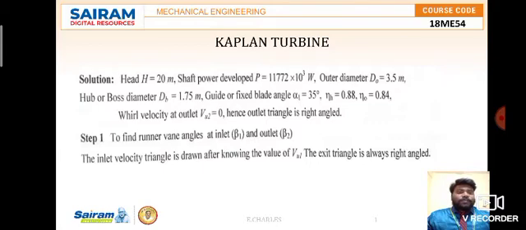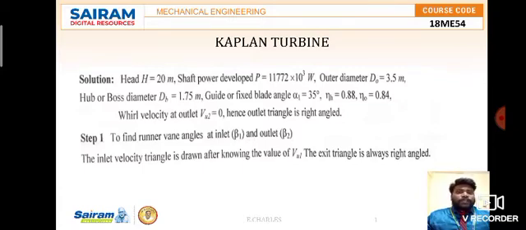The guide or fixed blade angle alpha 1 is equal to 35 degrees, and the hydraulic efficiency is 88%, that is 0.88. The overall efficiency eta naught is equal to 0.84, and the whirl velocity at outlet Vw2 is equal to 0, so the outlet triangle is a right angle triangle. Now we need to find the runner vane angles, beta 1 at inlet and beta 2 at outlet.